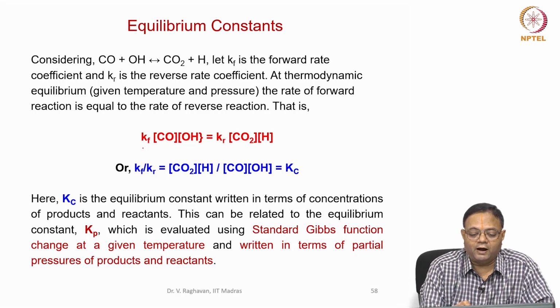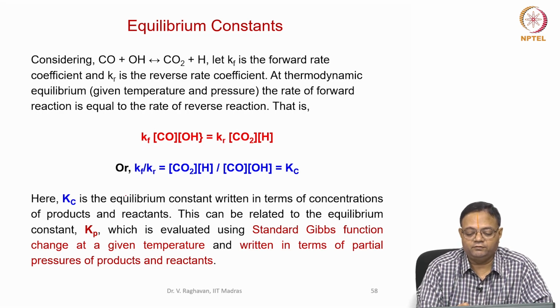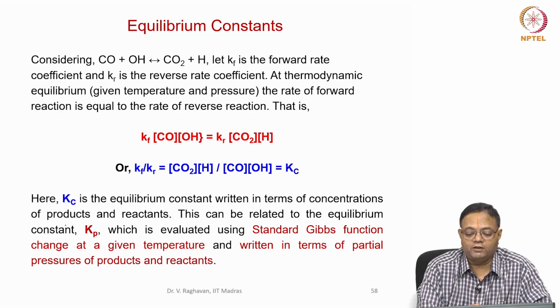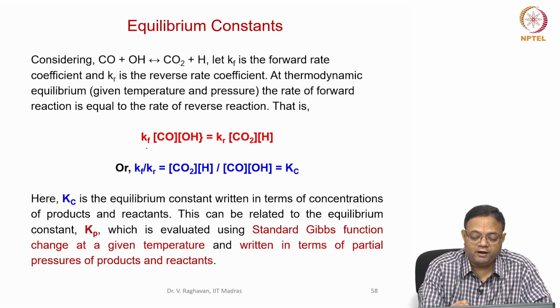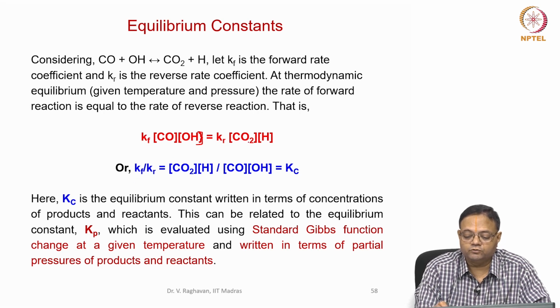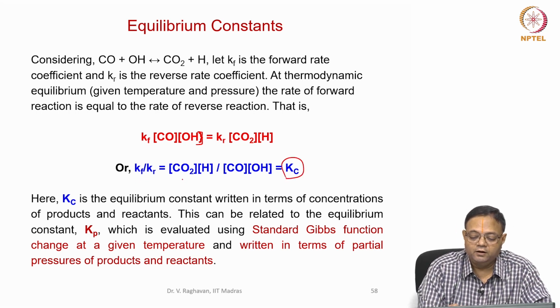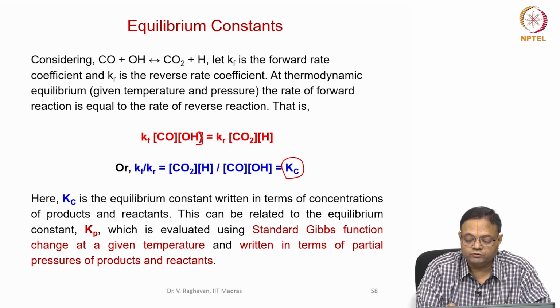So at equilibrium, what happens? The rate at which the forward reaction takes place will be equal to the rate at which the reverse reaction takes place. So what is the forward reaction rate? Kf times the concentration of CO times the concentration of OH will be equal to Kr times the concentration of CO2 times the concentration of H. So when I say Kc equals Kf by Kr, it is [CO2][H] divided by [CO][OH].